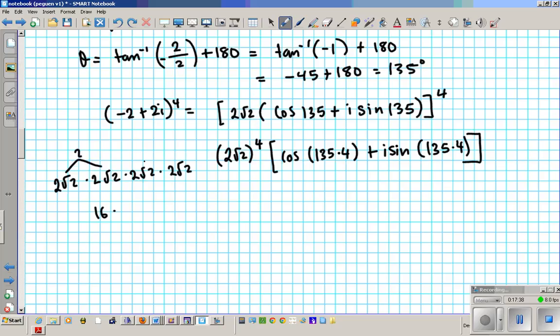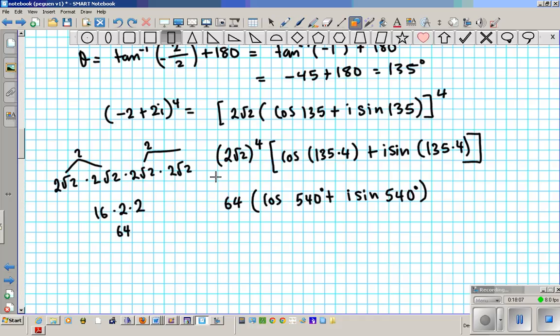Root 2 is 2, root 2 is 2, so 16 times 2 times 2, like that. 16 times 4 is 40 plus 24, which is 64. Alright, so we're going to have 64 cosine 540 plus i sine 540 degrees. There goes my answer in polar form.